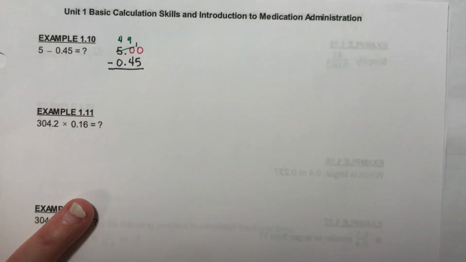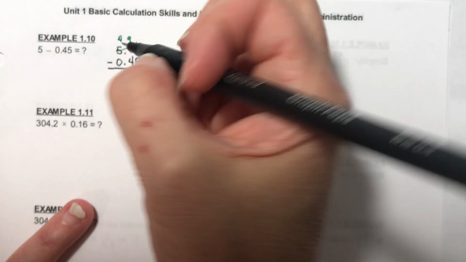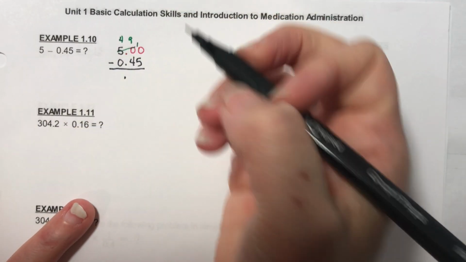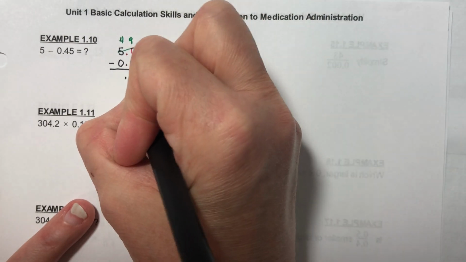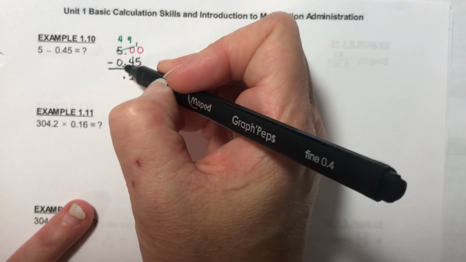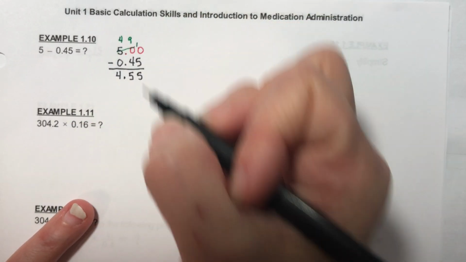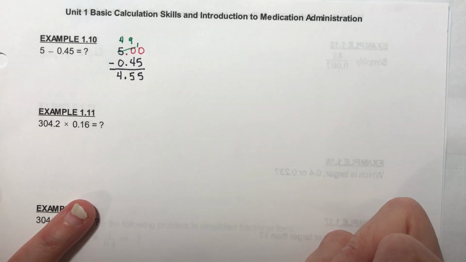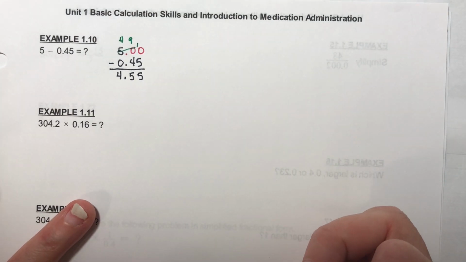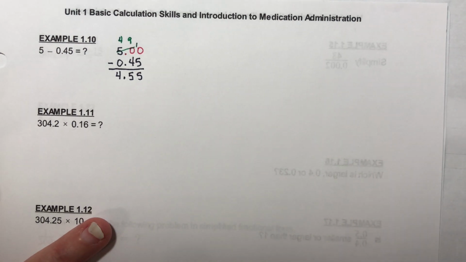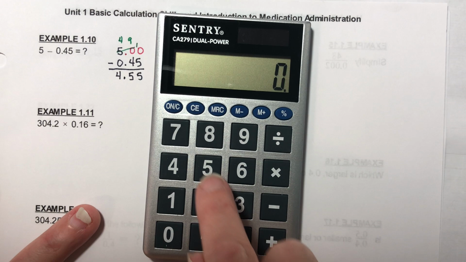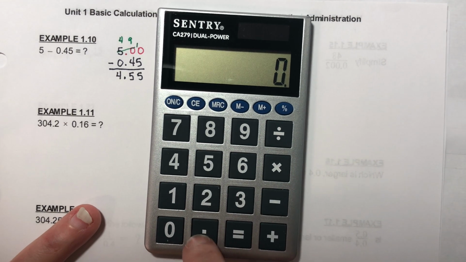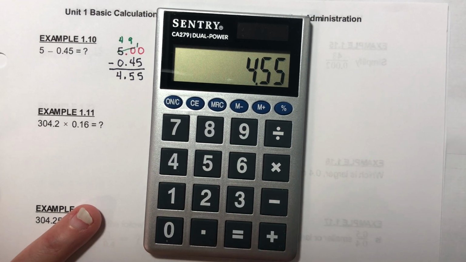Technically 4.9, but the decimal point is just lined up, so you don't have to worry about that so much. 10 minus 5 is 5. 9 minus 4 is 5. 4 minus 0 is 4. So your answer is 4.55, which of course you can also get using your calculator: 5 minus 0.45, 4.55.